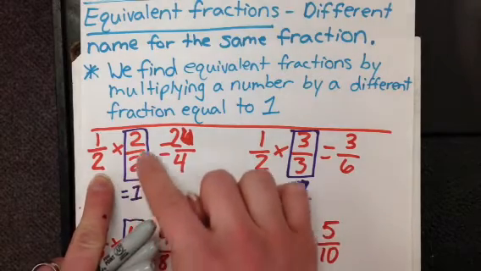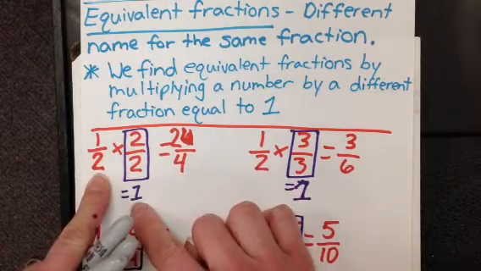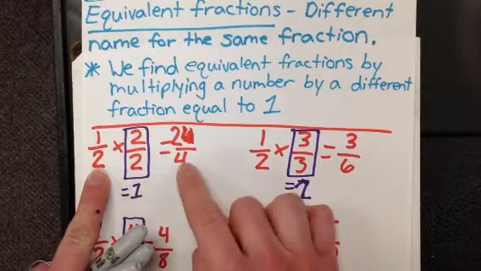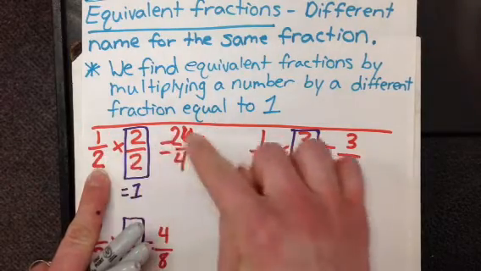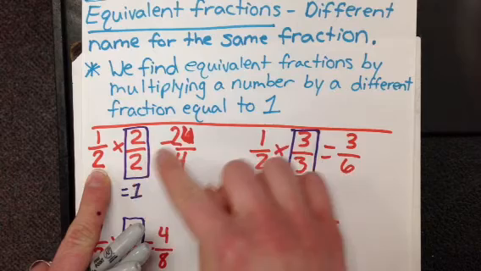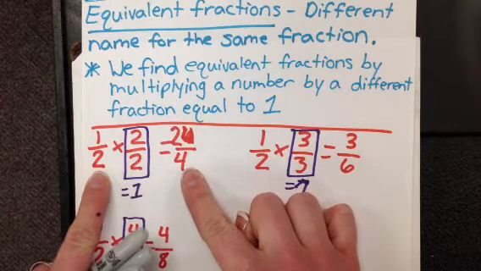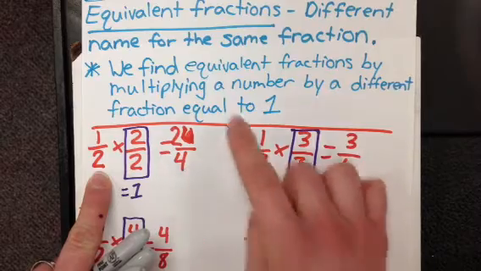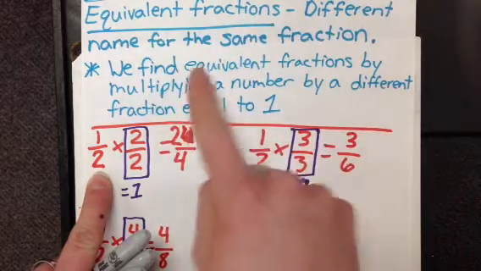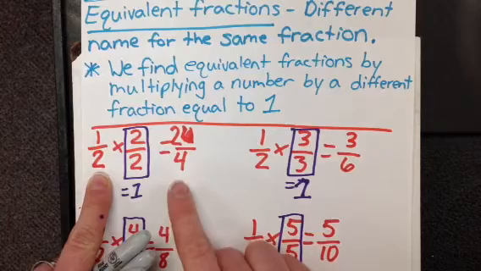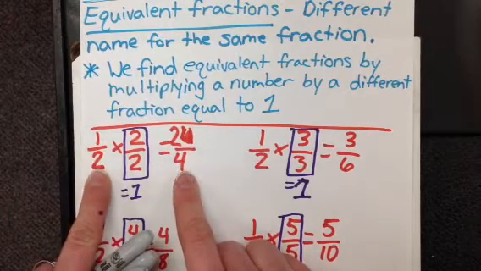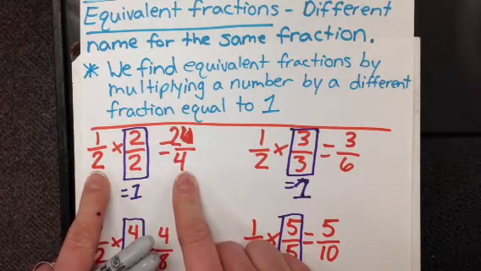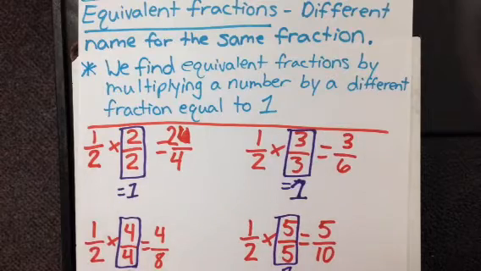So if we have 1/2 and we multiply it by 2 over 2, which is equal to 1, we will get 2/4, because 1 times 2 is 2, 2 times 2 is 4. We'll get 2/4. And 1/2 is the same as 2/4, but they look different. Remember, an equivalent fraction means it's a different name for the same fraction. So 1/2 and 2/4, although they're different, they are the same.